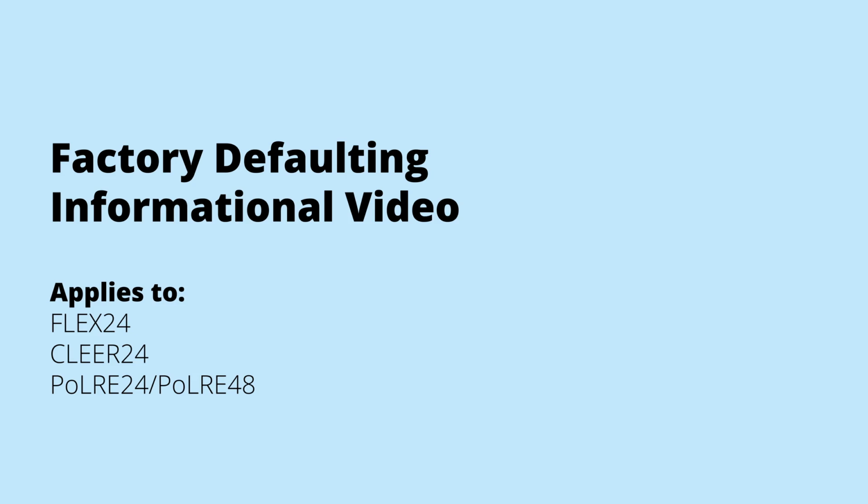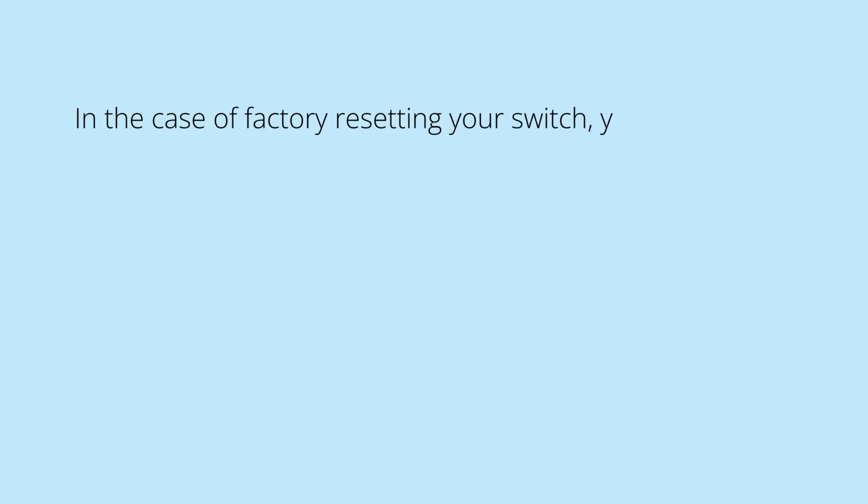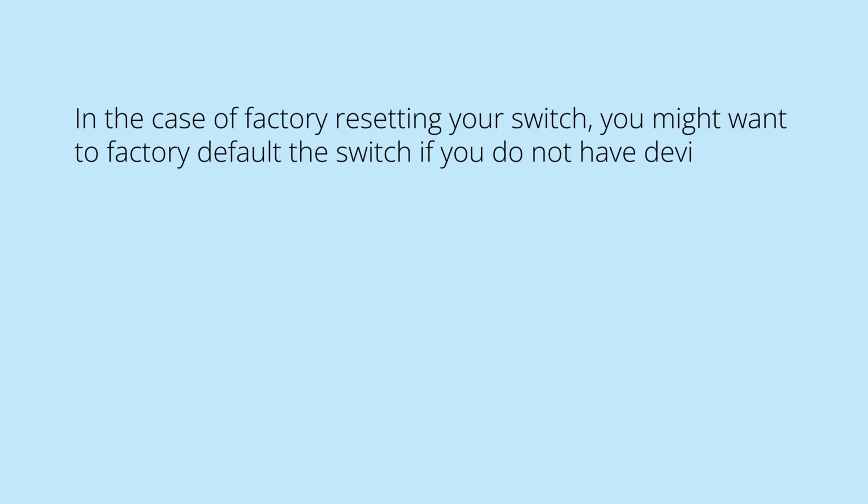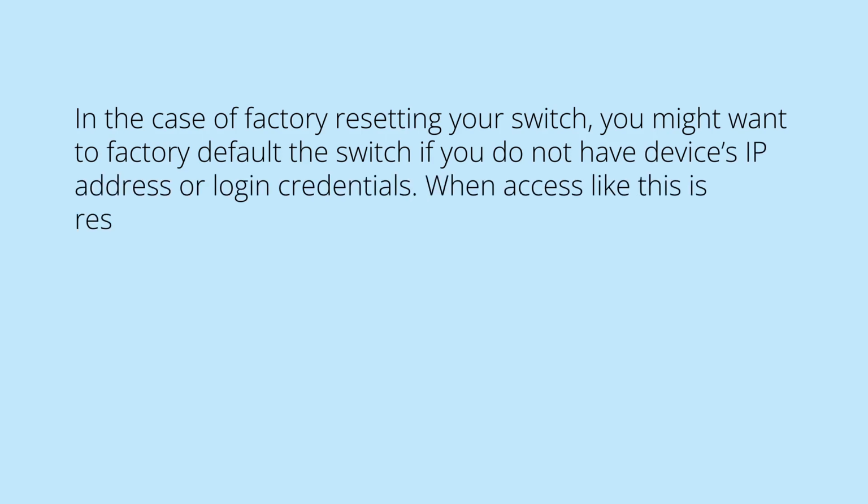My name is Nico, and today we will be discussing why we would factory reset our switch, how to factory reset our switch, and important things to consider when factory resetting the switch. In the case of why factory resetting might be necessary, you might want to factory default the switch if you have lost track of the IP of the device, or you have been locked out and do not have access to the username and password of the device.